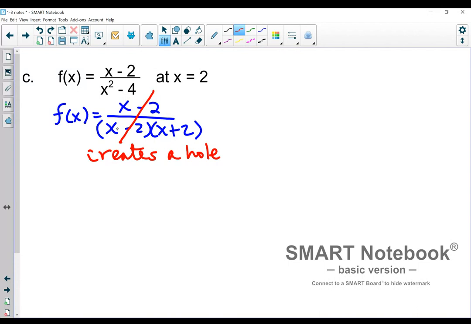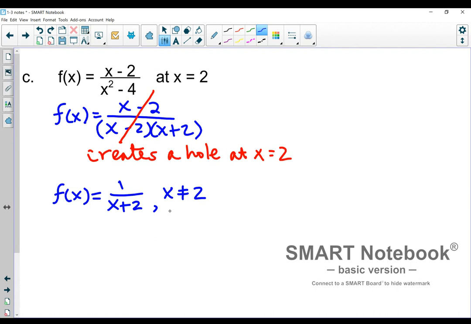And because 2 minus 2 would equal 0, the hole is at x equals 2. So my function can really simplify down to f of x equals 1 over x plus 2 for graphing purposes. But I have to remember that x cannot equal 2, and so it creates a hole.